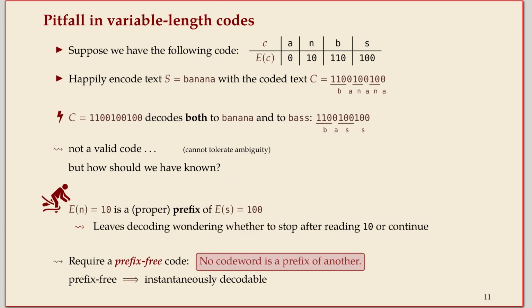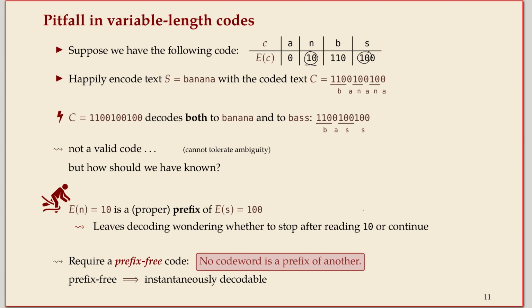To be systematic about this, at least one problem comes from the fact that the code word for n, 0, 1, is a prefix of the code for another character, namely s. And that means whenever the decoder sees a code 0, 1, it has to guess whether it has to stop and report an n or continue reading and report an s if there was a 0.